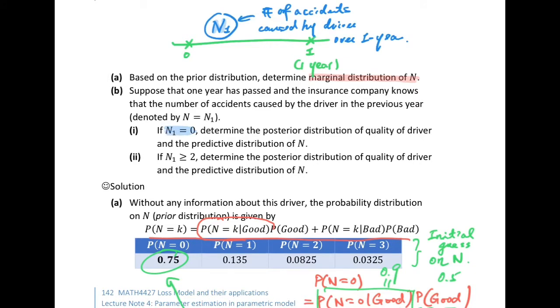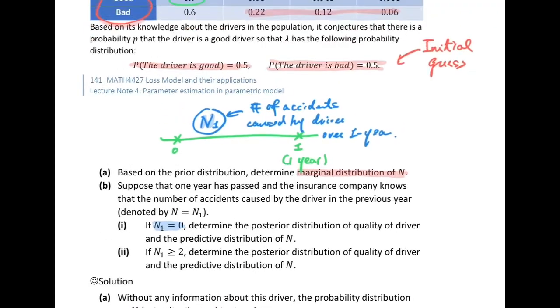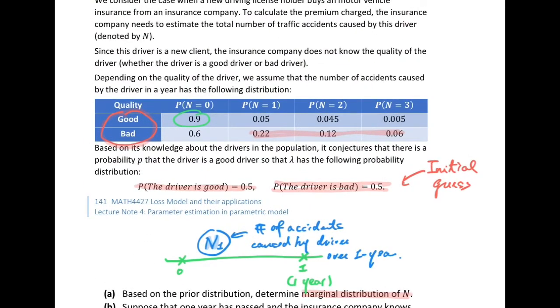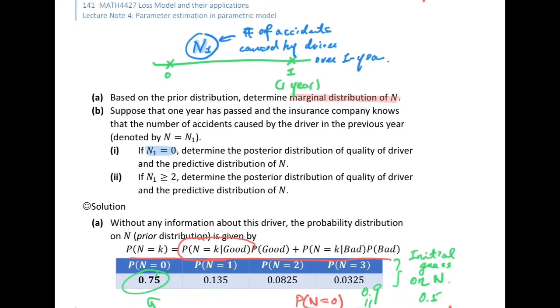Then intuitively, because the good driver has more tendency to cause fewer accidents compared with the bad driver, the insurance company will have more tendency to believe that this driver is good, right? So we expect this distribution to have a higher probability that this guy is a good driver, and for a bad driver it will be small.